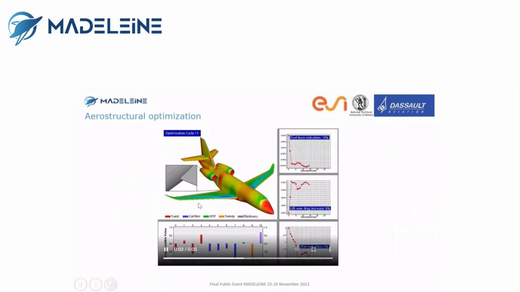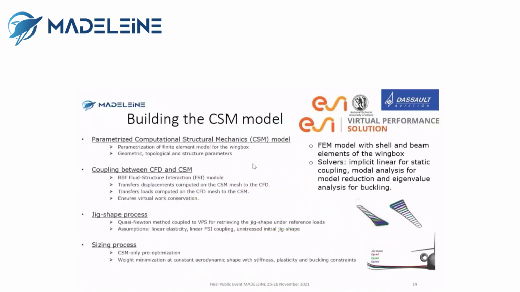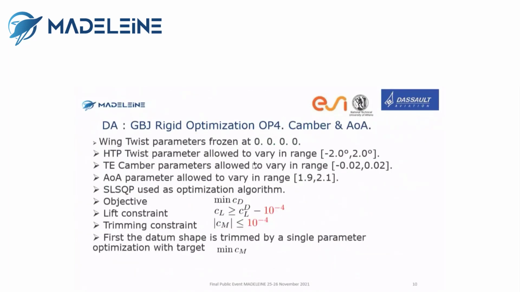As you can see here, you have the deflection. On this slide you also have the effect of the optimization parameter, not only flexibility. I should put the same thing on the slide for flexibility, maybe.